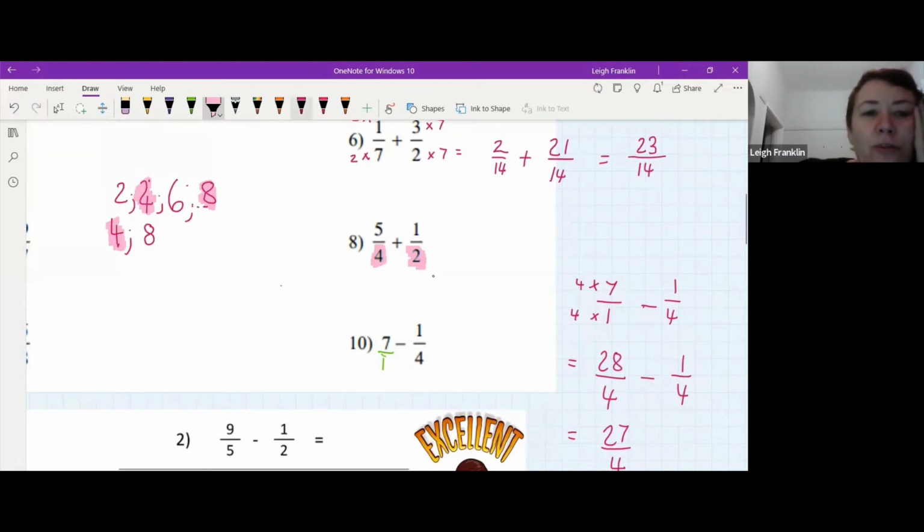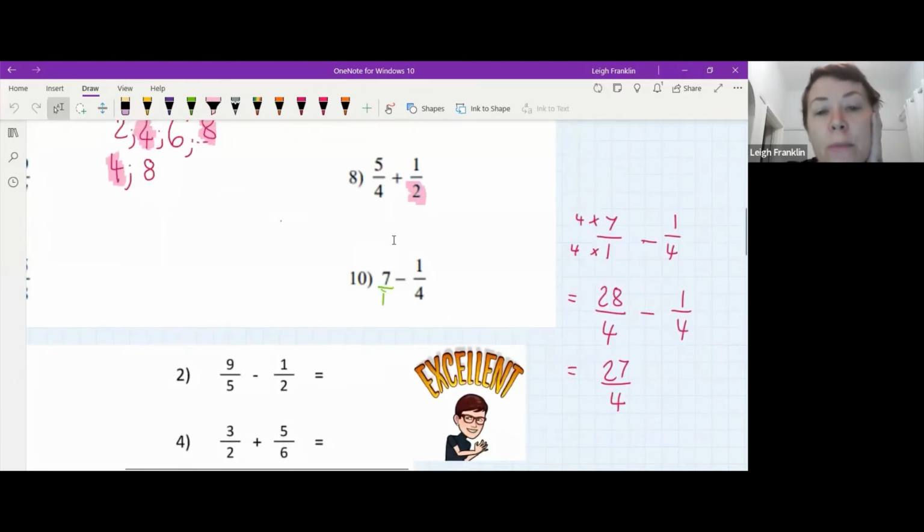So if you're going to use 4 as a lowest common denominator, do you need to change the first fraction? Does this have to be changed in any way? Yes. Okay, it doesn't have to be changed, Chinolo, because we've already got a denominator of 4, which is awesome.